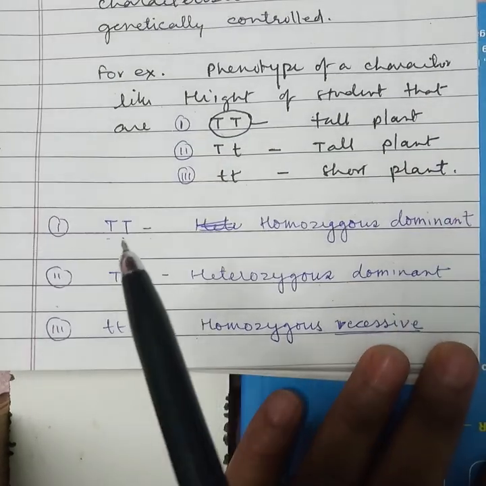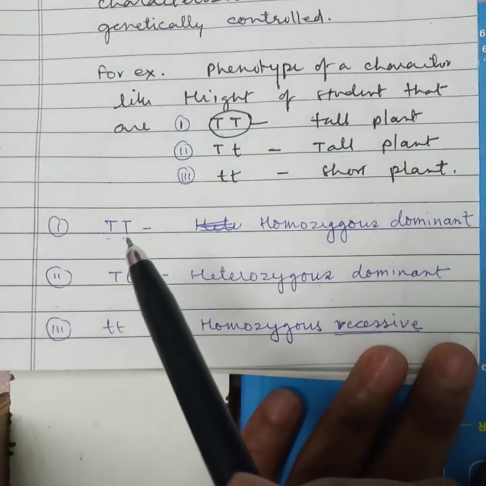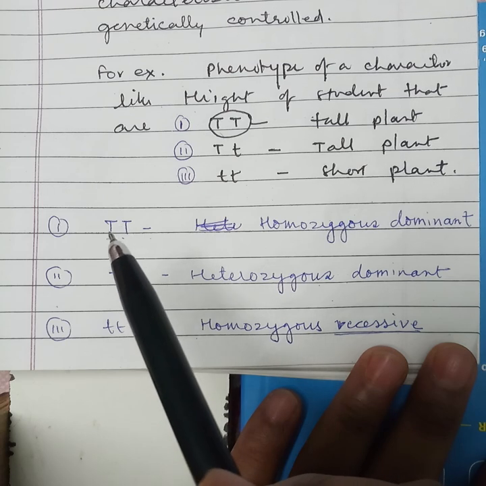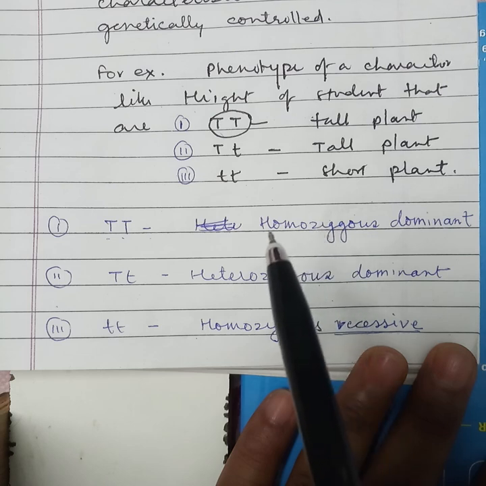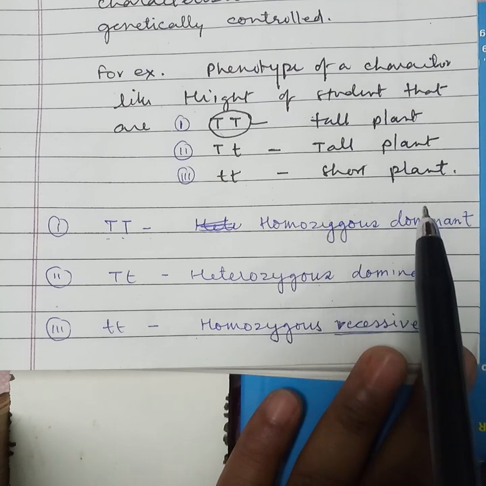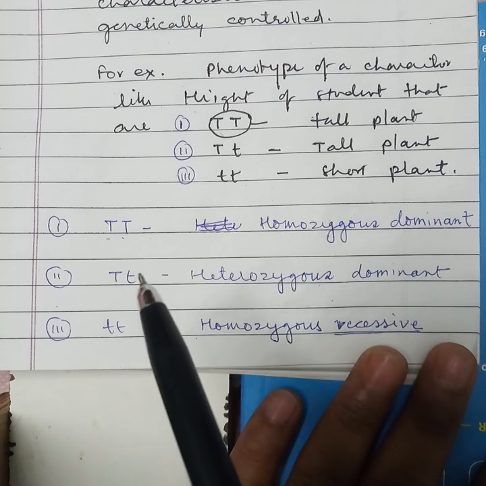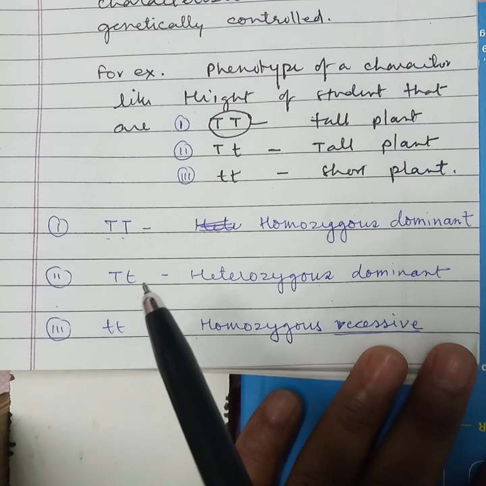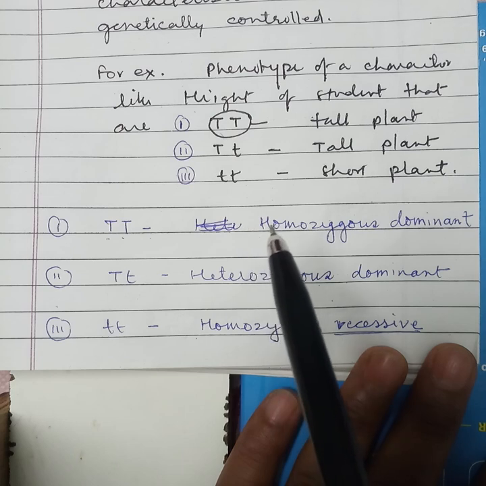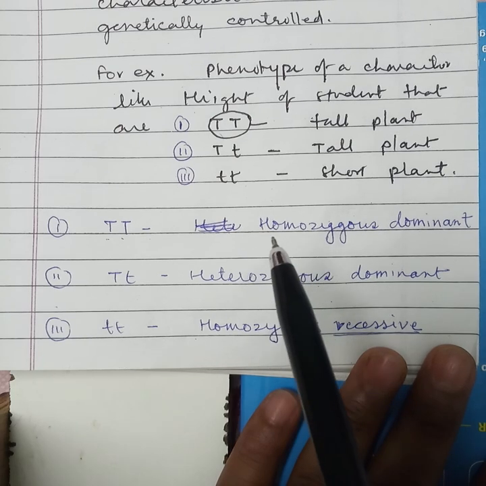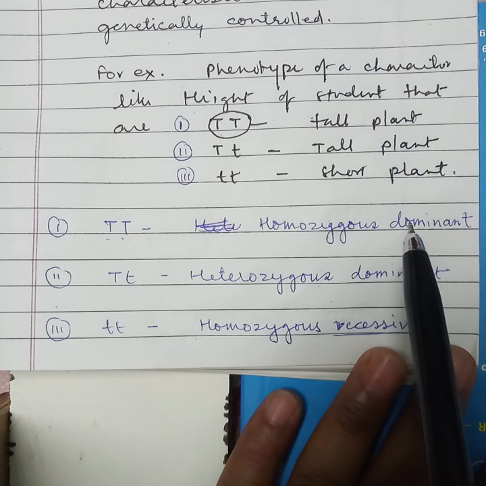Why? In the first example, when we have a set of genes having similar alleles, that is capital T and capital T, it is known as homozygous condition or homozygous dominant, because as I have said earlier, if it is written in capital letter, it is a dominant gene. So here both are dominant, and such a set of genes is known as homozygous dominant.